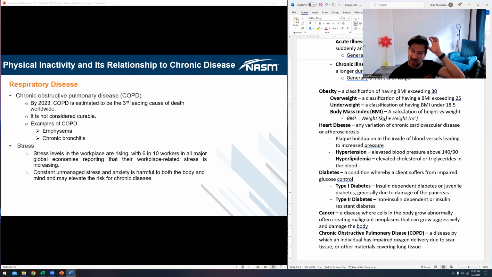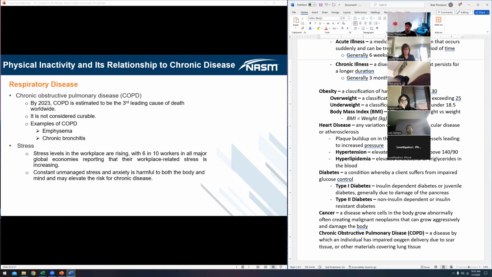So this could be phlegm, it could be tar, it could be all kinds of different things. Emphysema is literally materials causing inflammation of the tubes that lead to your lungs, those little bronchioles and alveoli. Or chronic bronchitis can actually be a lung infection where your immune system reacts and does what it normally does, which is just generally cover stuff in mucus.